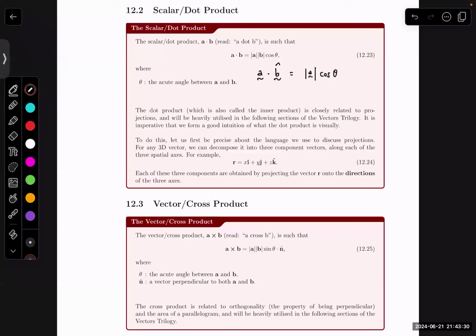Simply because when I write my B hat, what I'm really doing is this is just vector B divided by modulus of vector B. And what I can do is multiply this modulus of vector B over to the right-hand side. So this will return us our dot product, so-called formula.